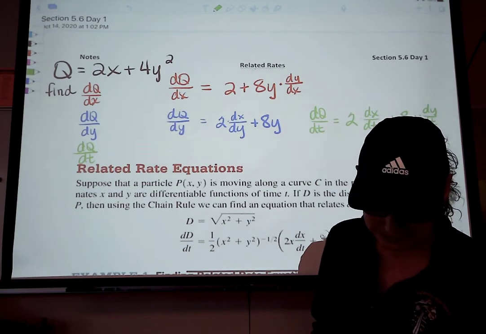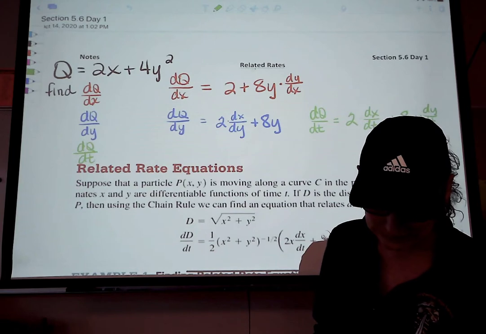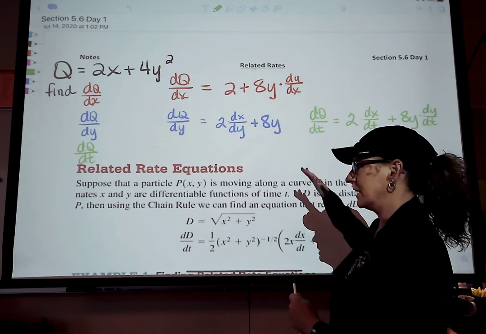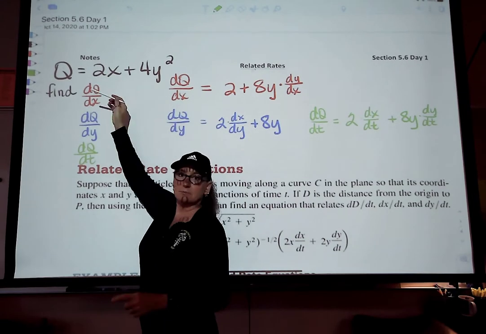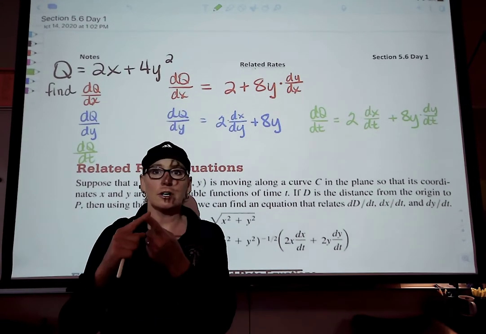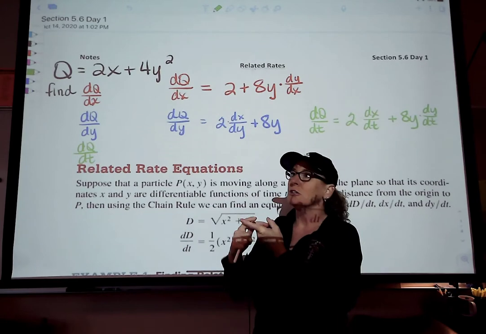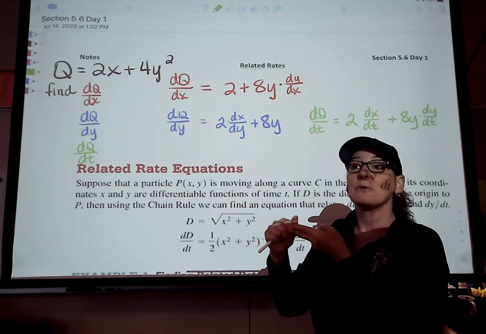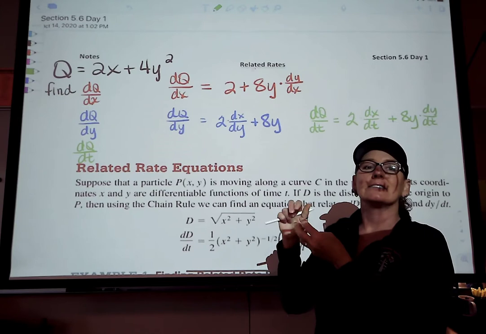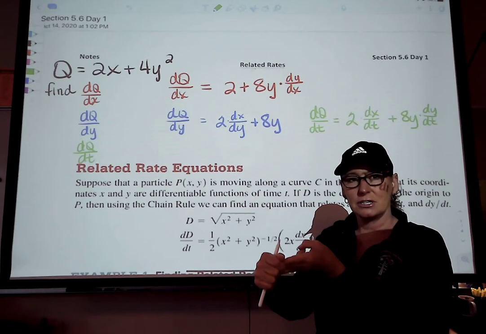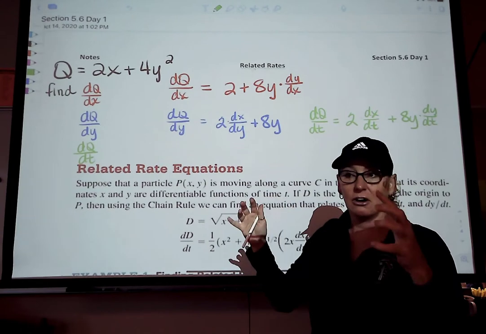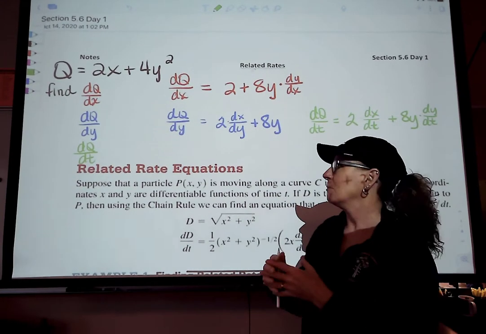Also, keep in mind, as we're getting ready to work our way through derivatives. Word association. Ready? Derivatives. What else does it mean? It means slope of the tangent. It means instantaneous rate of change. So we're going to focus a lot on rates of change in this section.